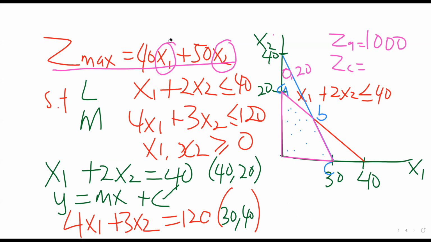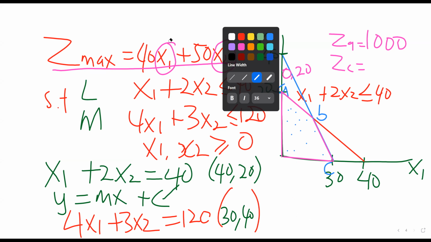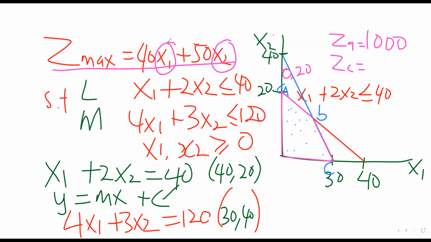So wherever you see the X1, you put the 30, and wherever you see the X2, you put the 0. What is going to give you the Z value, the profit value at the point of C? Someone should type me the answer.